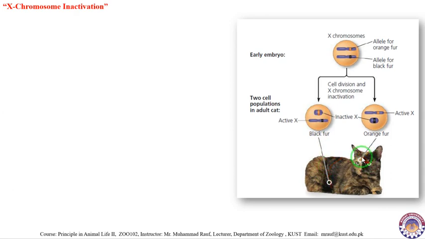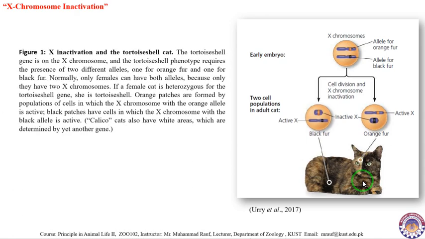Here in that particular area, a cell exists where the X chromosome having the allele for black fur color is inactivated, and the fur color is orange. So it provides a perfect example of the mosaicism of X chromosome inactivation.